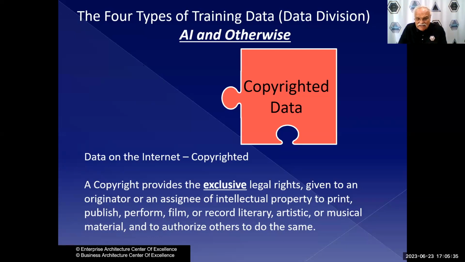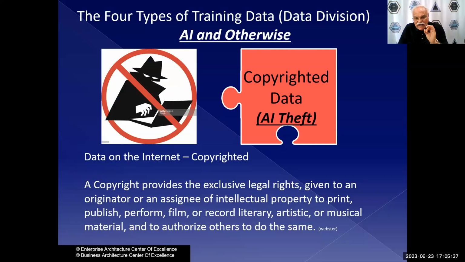And today, that area I refer to, unfortunately, as artificial intelligence theft. This is an area that is being explored widely in a lot of countries, unfortunately, not really aggressively in the United States.